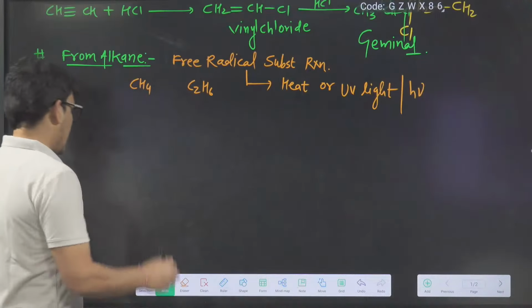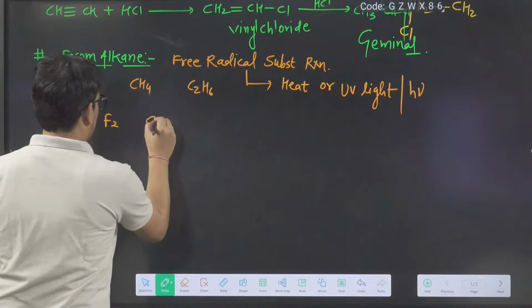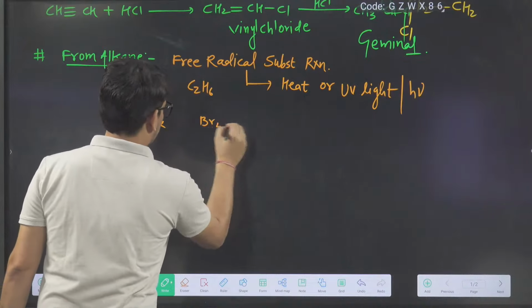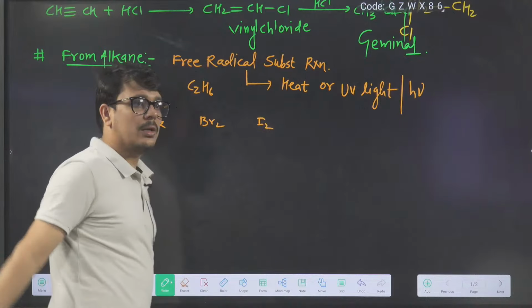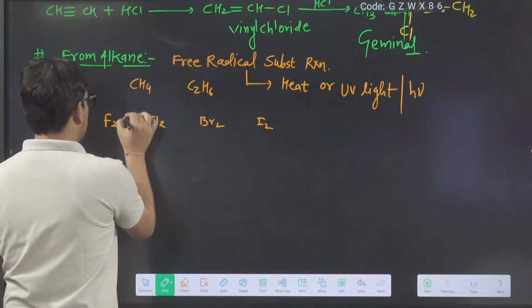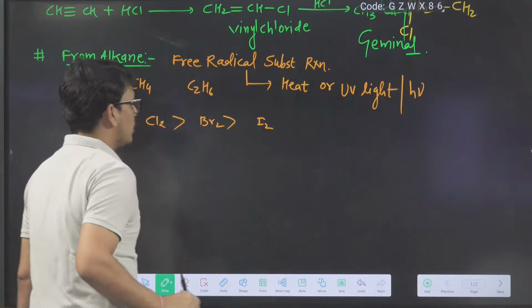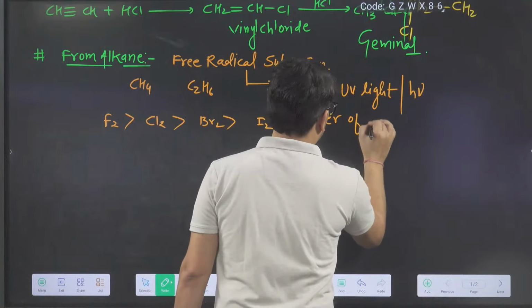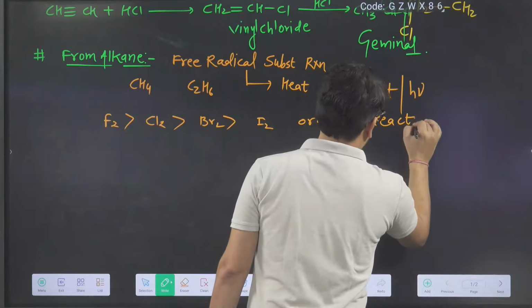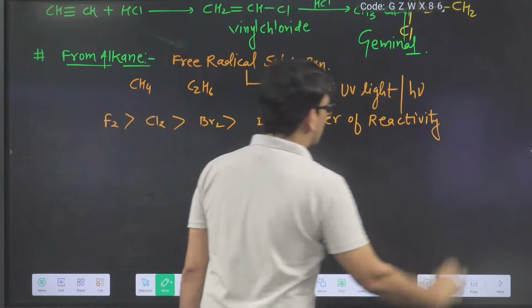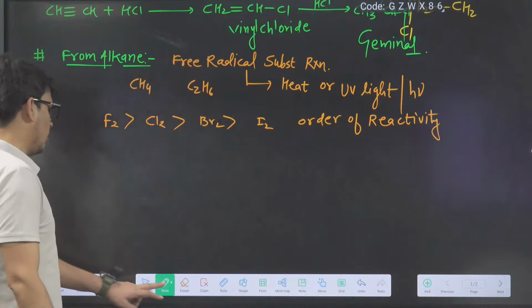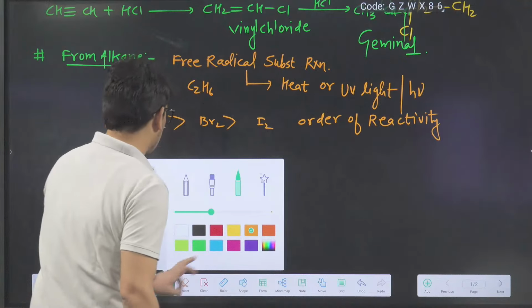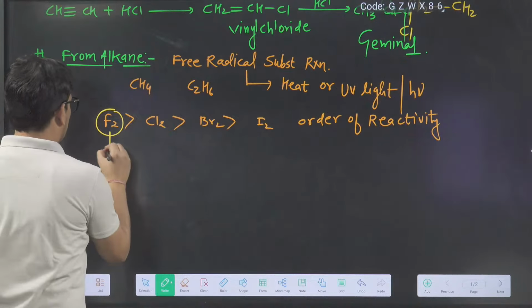Here again, F2, Cl2, Br2, I2. These are the four halogens. This is the order of reactivity. Here again, two questions. Fluorination is usually avoided. Why?